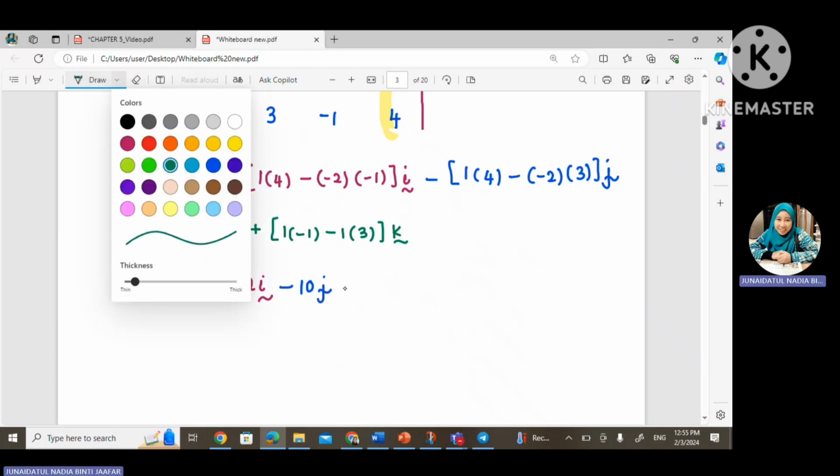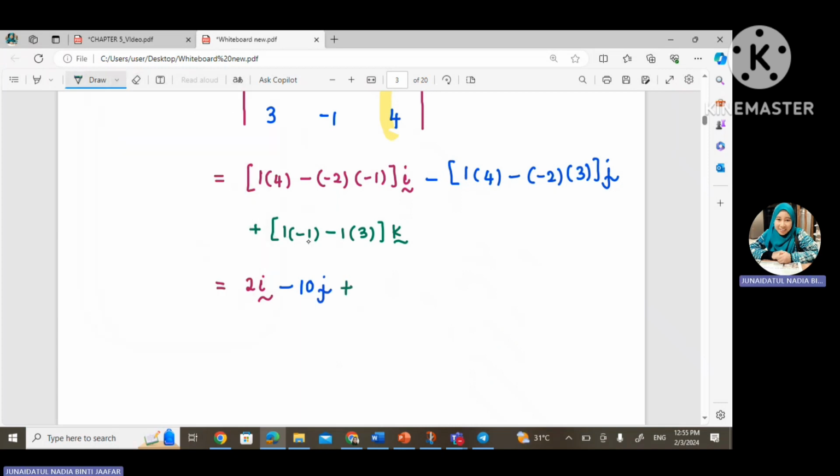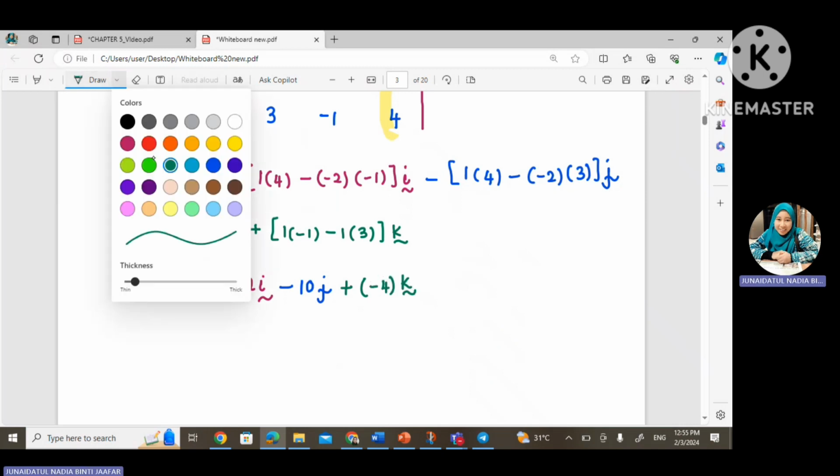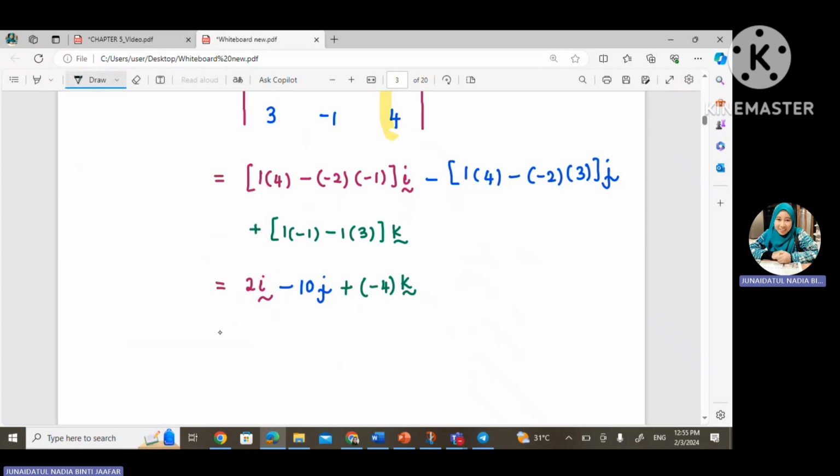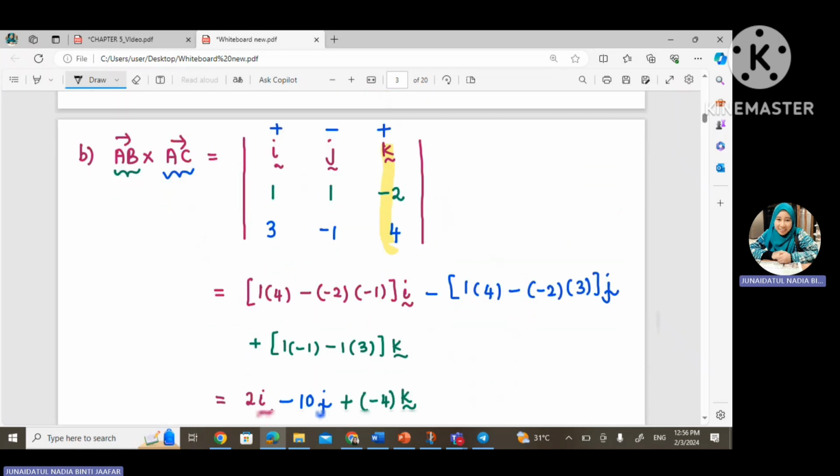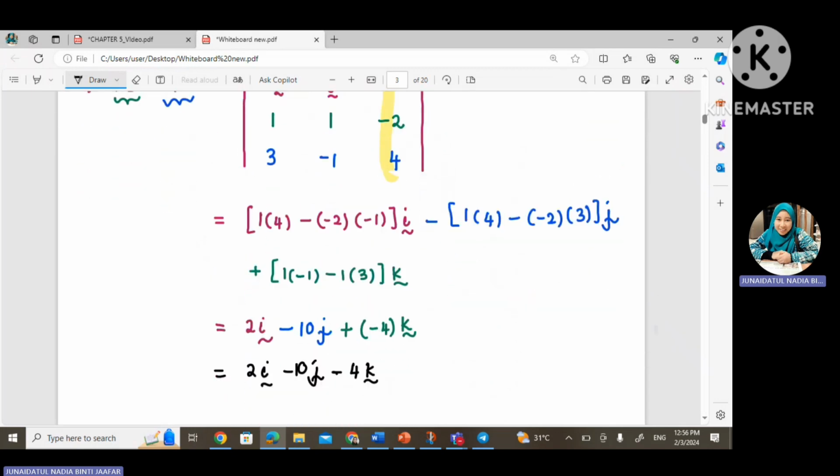Then plus 1 times negative 1 minus 1 times 3 is negative 4k. So the answer is 2i minus 10j minus 4k. This is the cross product of AB and AC.